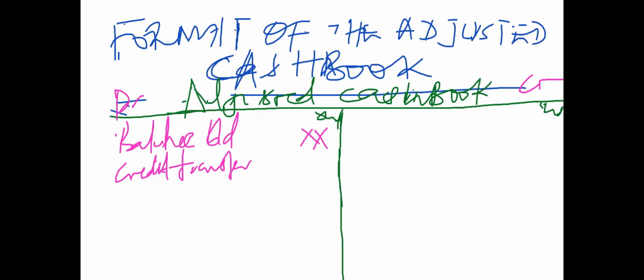And I explained credit transfers as when someone makes a direct deposit into your bank account without your knowledge. And when that happens, the bank will credit your account, and when the bank credits your account, the corresponding entry is that you must debit your cash book.